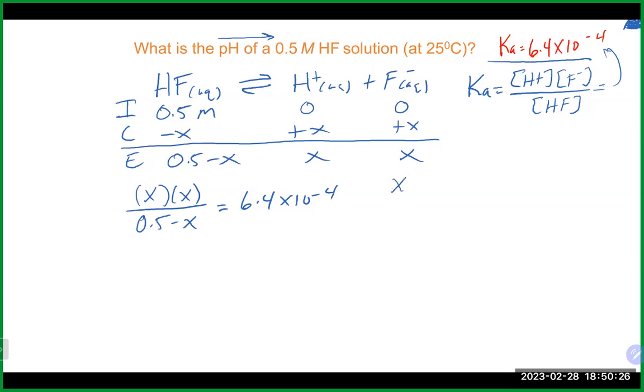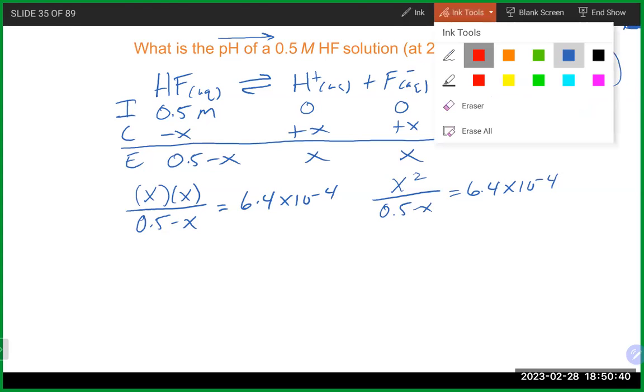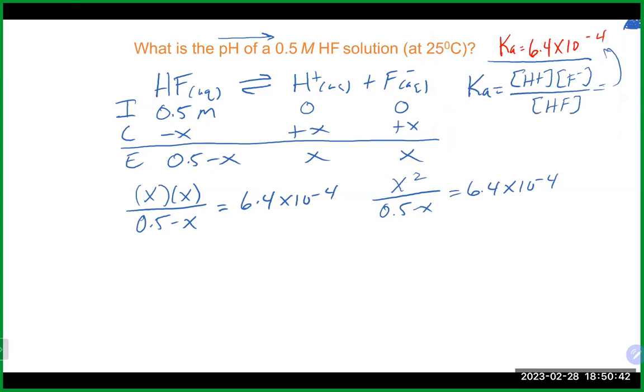And that basically is x squared over 0.5 minus x equals 6.4 times 10 to the minus 4. Is my Ka value a large value or a small value? It is considered small. Remember, anything less than 1 is considered small.